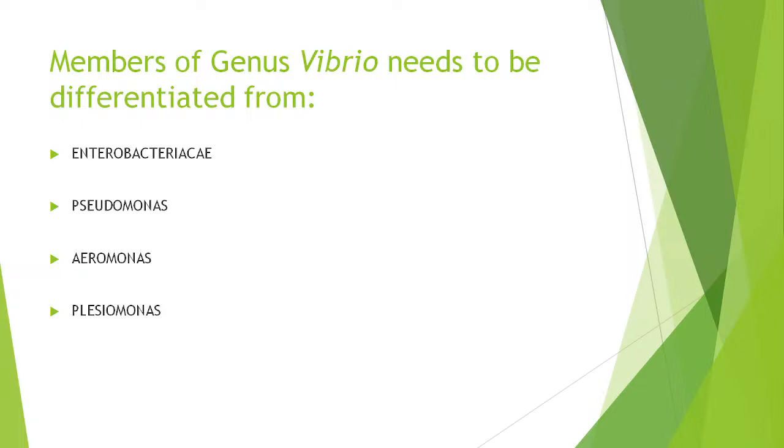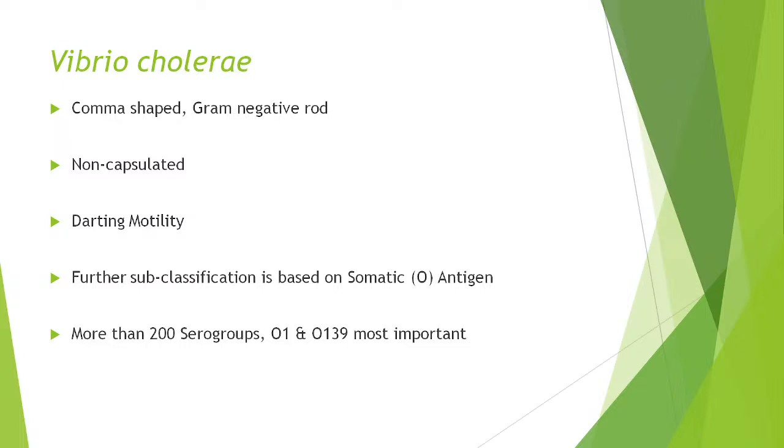It is also oxidase positive, but previously it was a member of the family Vibrionaceae, and now it is reclassified into Enterobacteriaceae. So for PGs, if you are asked which Enterobacteriaceae is oxidase positive, then the answer is Plesiomonas. When we were doing MD, we used to say there is no exception, all are oxidase negative, because at that time it was considered a member of the family Vibrionaceae. Now it is classified into Enterobacteriaceae.